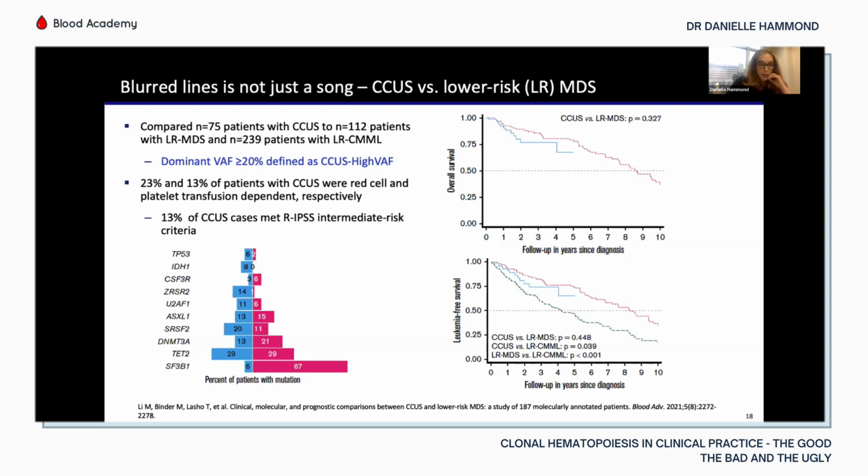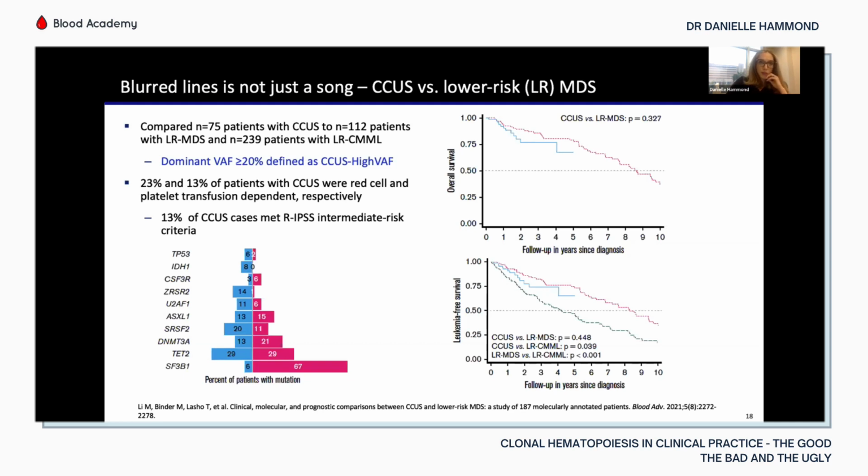You see here in the blue on the left is the mutation frequency in these genes in the CCUS cohort, and on the right-hand side is the lower risk MDS cohort, fairly comparable with the exception that SF3B1 mutations were highly enriched in the lower risk MDS cohort.